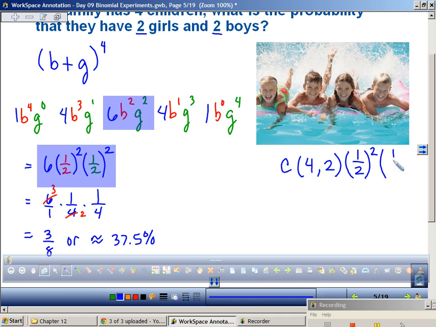And then the probability of being a girl. It's the same thing that we've been doing. There's the combination right there, which is 6, which we know because of Pascal's, because now we realize that there is a relationship between the two.